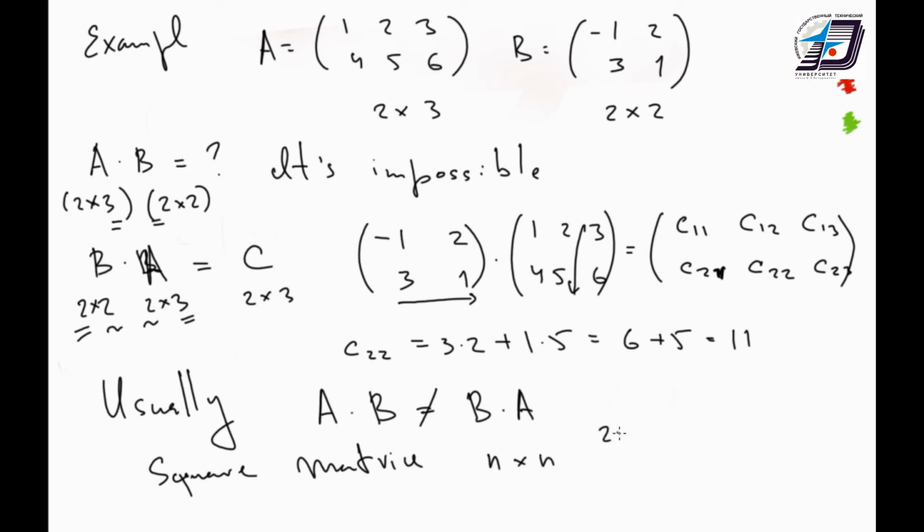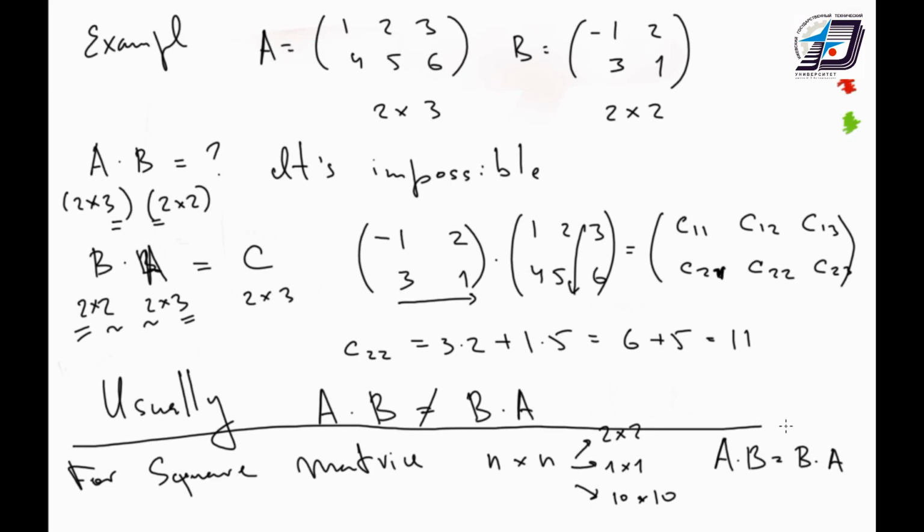So it's an n by n matrix. For example, 2 by 2, 1 by 1, 10 by 10. For square matrices, A times B equals B times A.